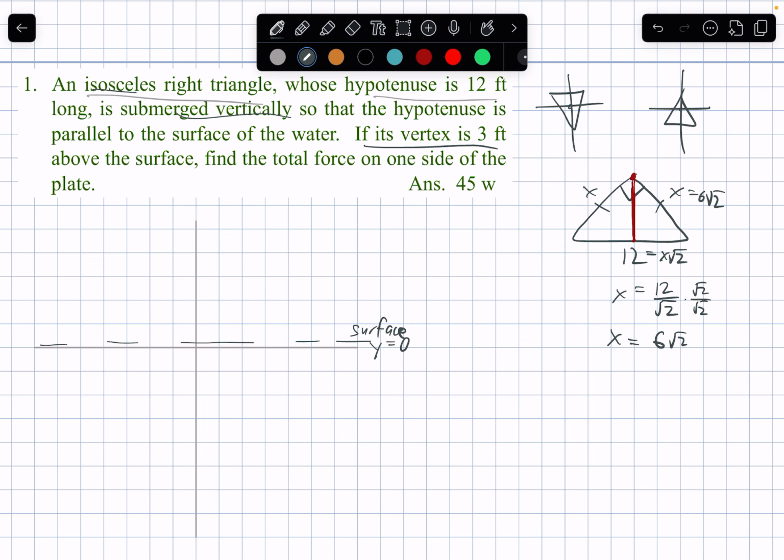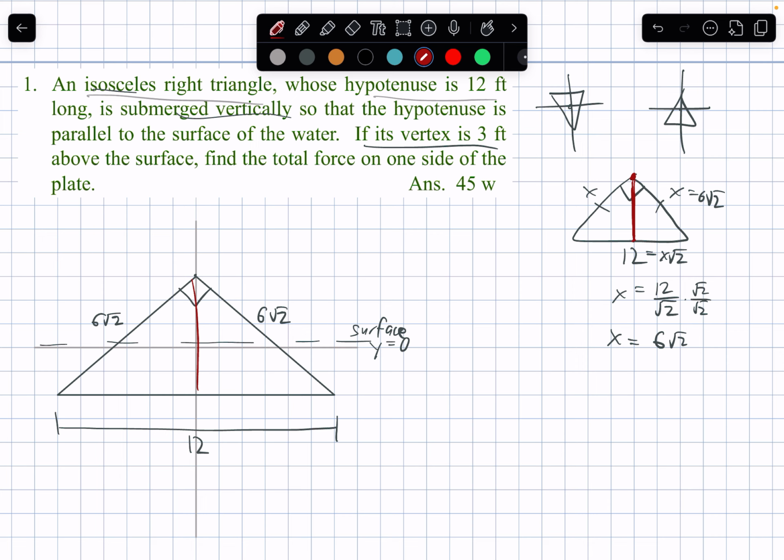It says 3 feet above the surface, so let's say this is 3. 1, 2, 3, 4, 5, 6. I'm trying to make the scale 1 by 1, so each box is 1 unit. It's easier to visualize. Again, this is 12, the hypotenuse. This one is 6 square root of 2, 6 square root of 2.